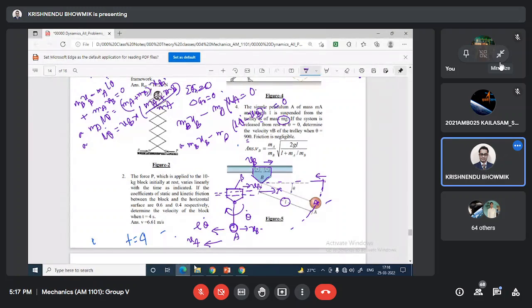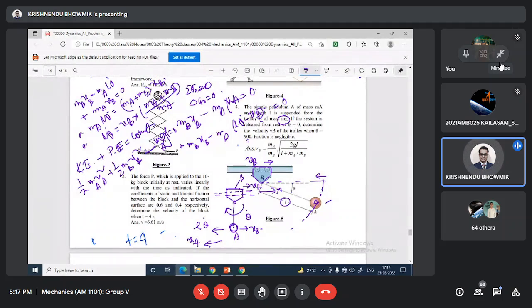Now, if I consider this expression, let's have kinetic energy plus potential energy equal to constant for this system. Then half MA VA square plus half MB VB square, minus MAGL equal to 0.